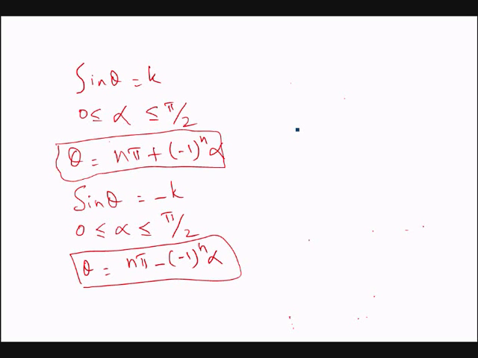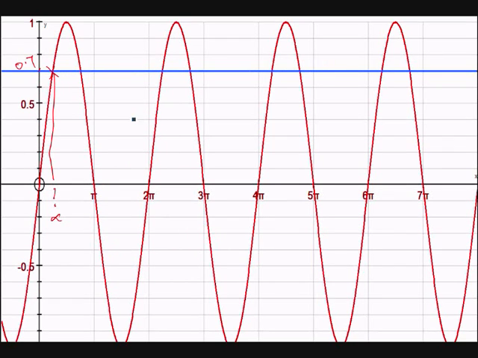Let's look into an example. For example, if I had k is equal to 0.7, which means this point is 0.7. My first step is to find what is the value of alpha which lies between 0 and pi over 2. The basic value will be alpha here.